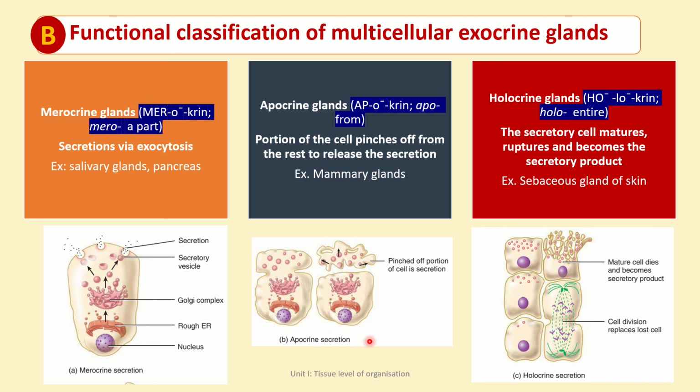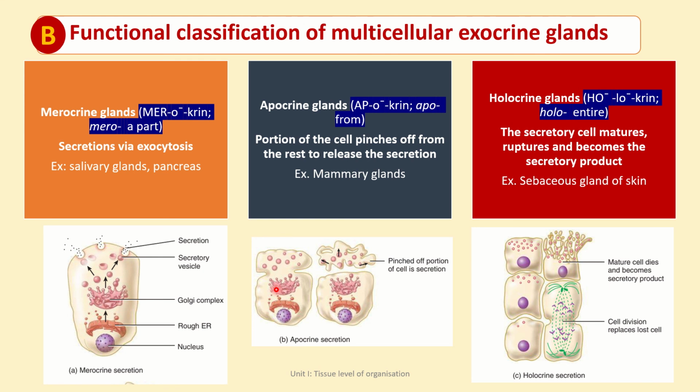The second type of secretion is called apocrine secretion, done by the apocrine glands. Apo meaning from. An example are the mammary glands. In this case, a portion of the cell will get pinched off. In apocrine glands, they accumulate their secretory product at the apical surface of the secretory cell.